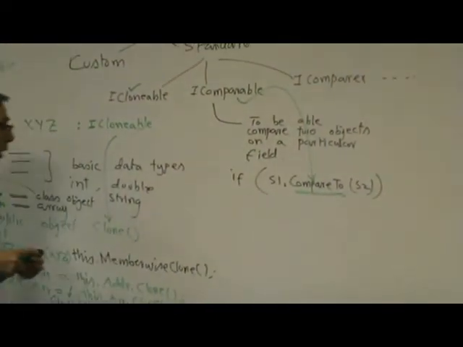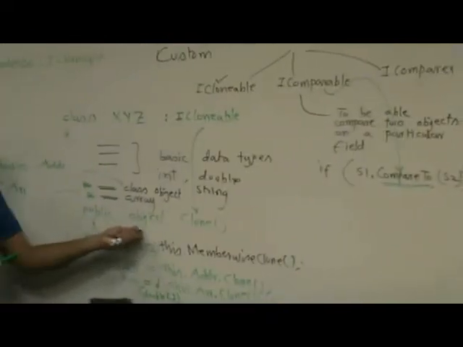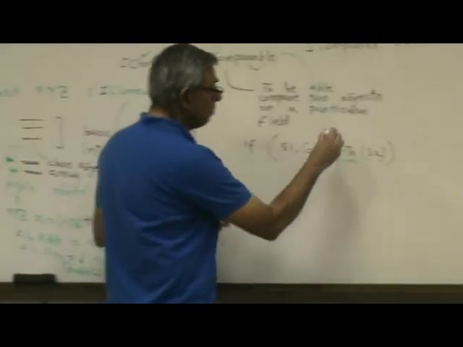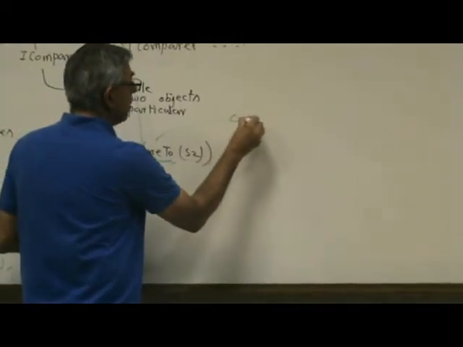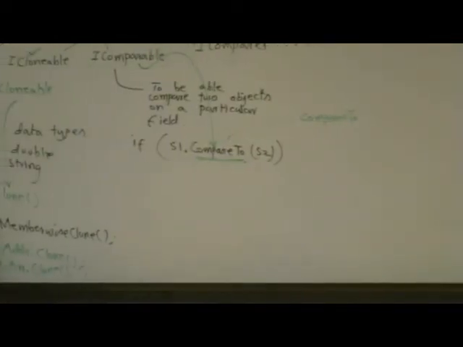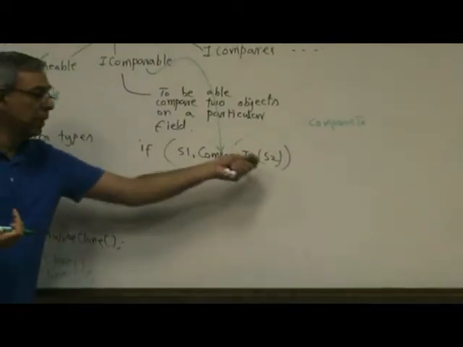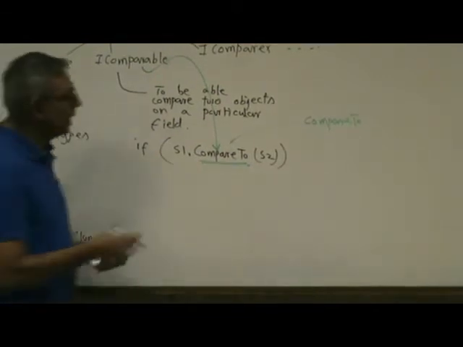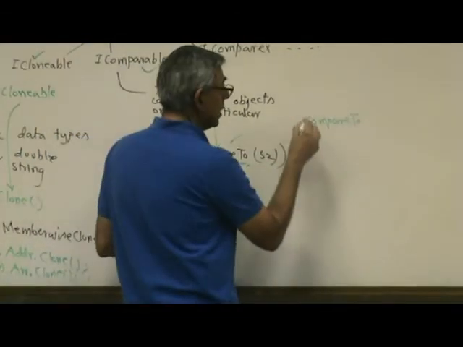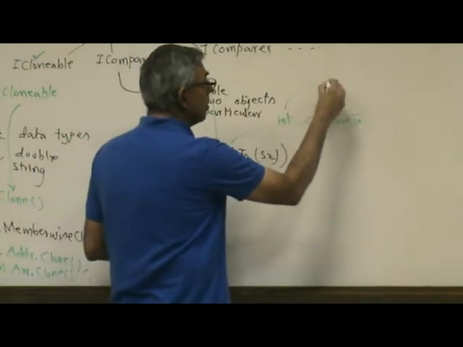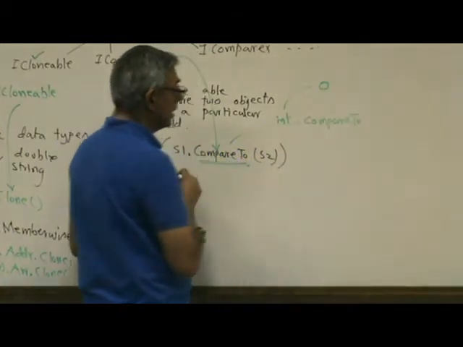Okay. What does Clone return? Object, right? What does CompareTo return? Remember, there are three possibilities. Two things could be equal, right? S1 could be equal to S2, or it could be less, or it could be greater. So the way this CompareTo is designed is it always returns an integer. If this is 0, what does that mean?